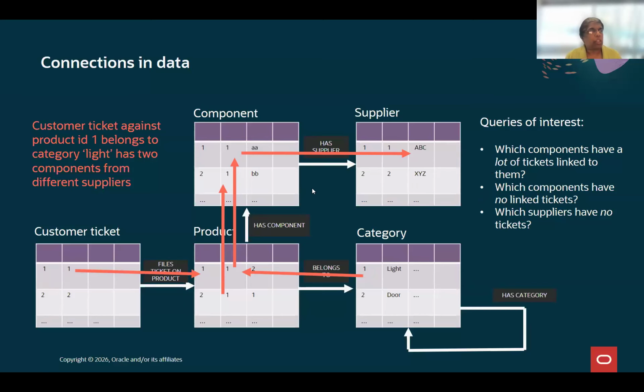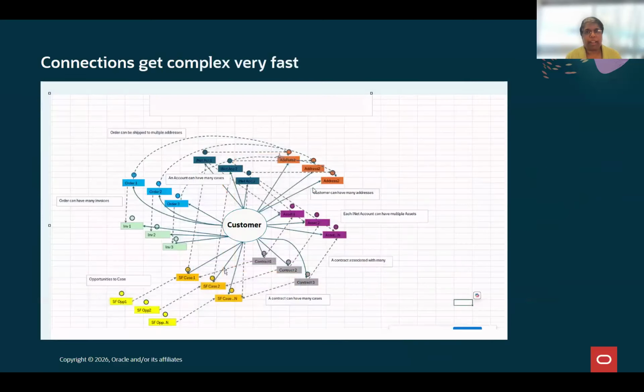I'll have one more slide. This is something from when we worked with Phani, building out this graph for them. It's a screenshot of how quickly what they wanted to do with their data became complex.